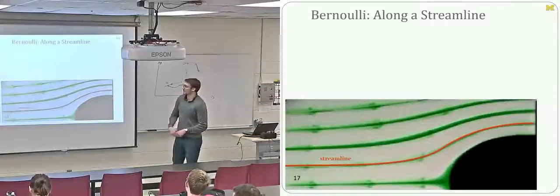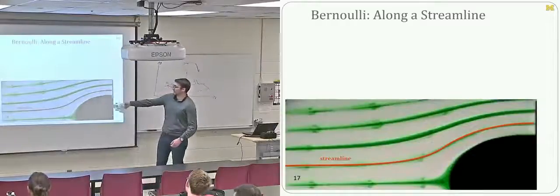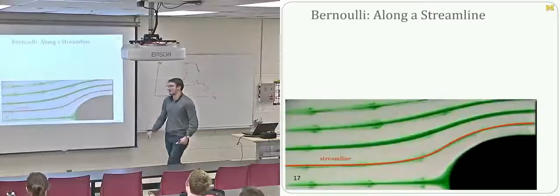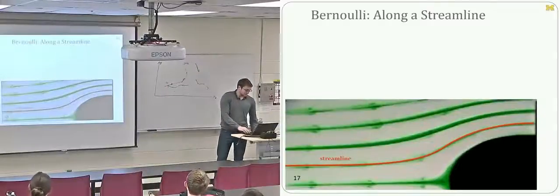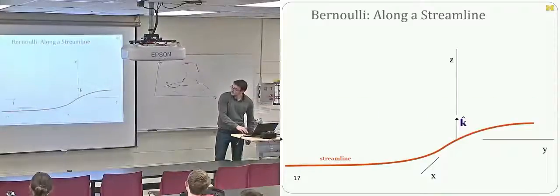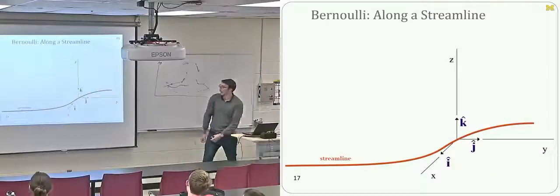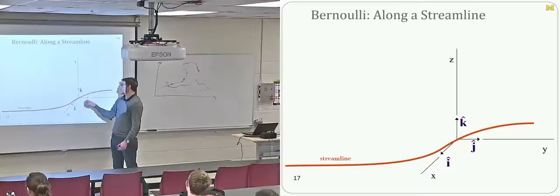If we refer to the streamline, technically these are path lines because these are convected dye streams. But for steady flow, as I said, they are also streamlines. If we take one of these streamlines and throw a coordinate system onto it, first we're going to have our global fixed coordinate system, or XYZ description.